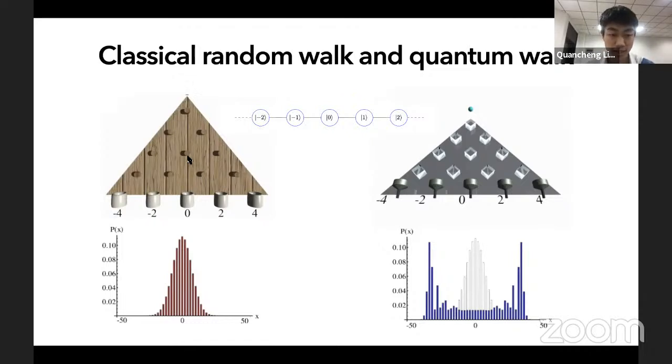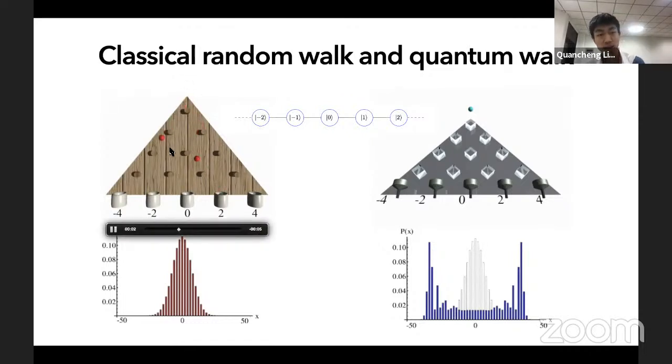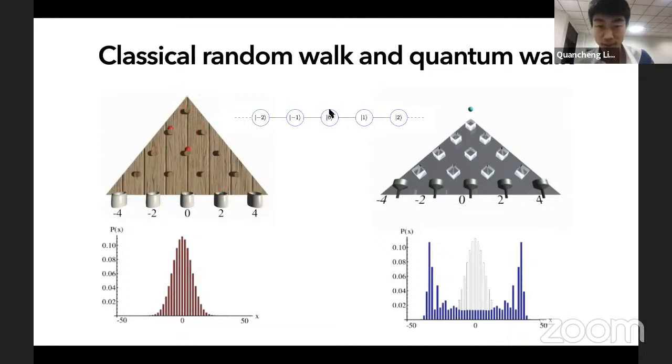First of all, this is the classical random walk, where for example the walker is the red ball. Initially it stays here, and then it jumps to its surroundings according to, for example, a coin toss.